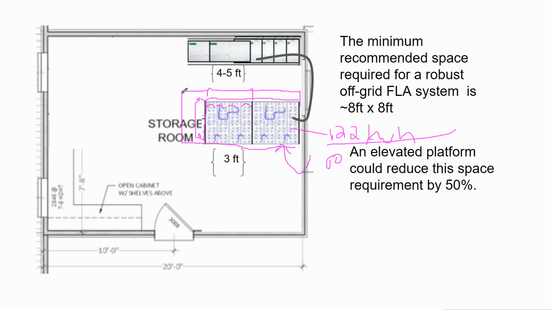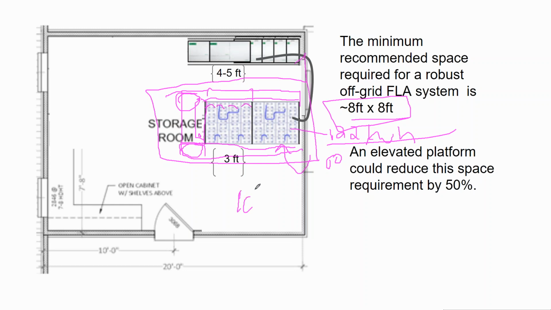And then you would also want to leave a little bit of space somewhere, maybe additional space here for a water tank and a portable air conditioner. So I know I said 8 feet by 8 feet here, I would say 10 feet by 8 feet at minimum for your battery enclosure and associated equipment.